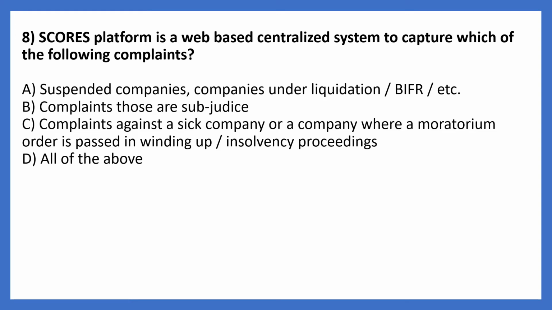Option A, suspended companies under liquidation or BIFR, etc. Option B, complaints that are sub-judice. Option C, complaints against a sick company or a company where a moratorium order is passed in winding up or insolvency proceedings. And option D, all of the above. The correct answer is option D, all of the above.